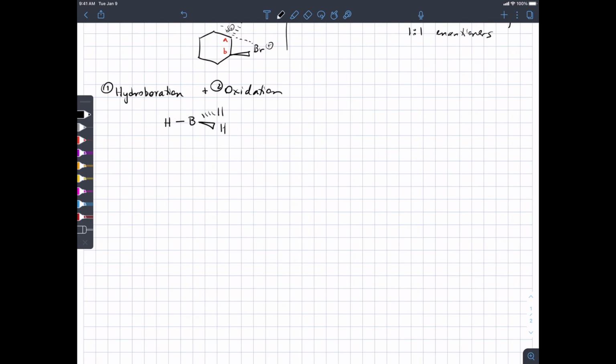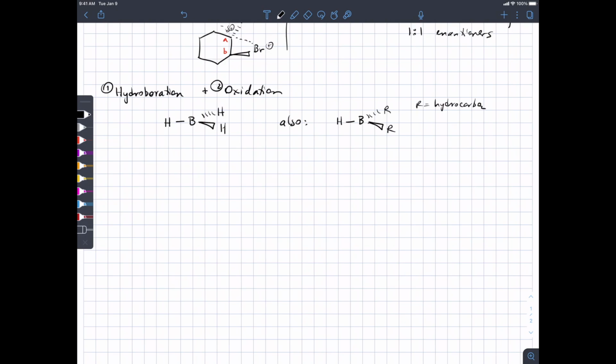And there are other things that work as well. In fact, there are a number of other weird hydroboration, oxidation reagents where we substitute carbons, hydrocarbons typically.